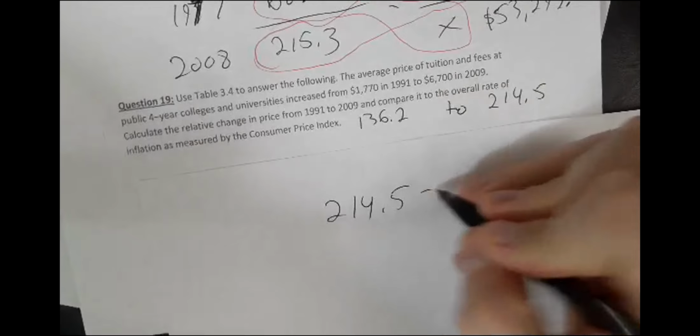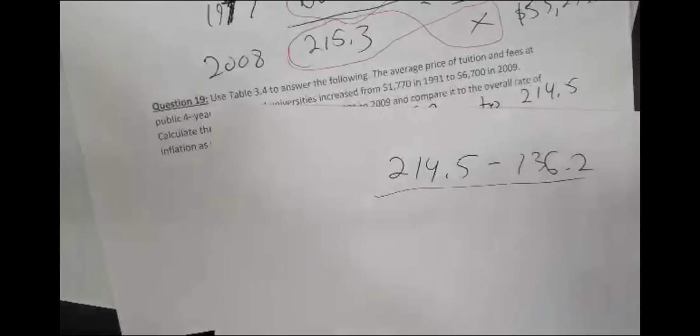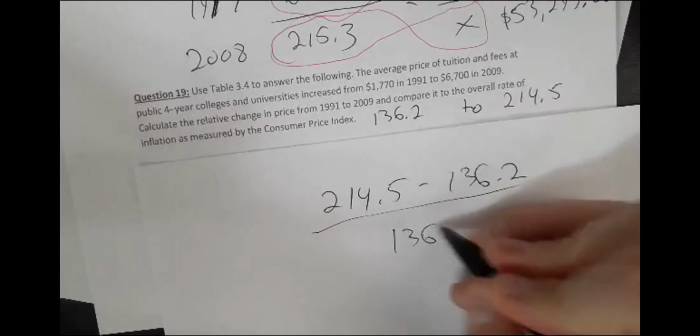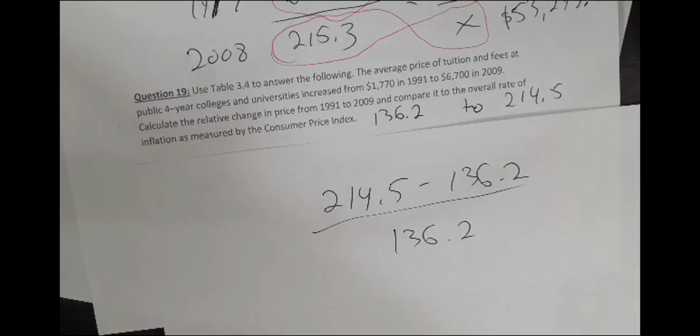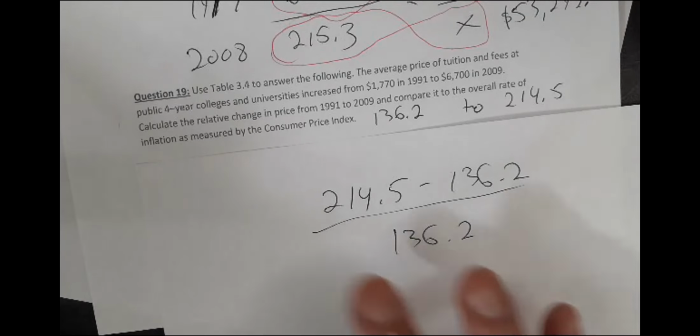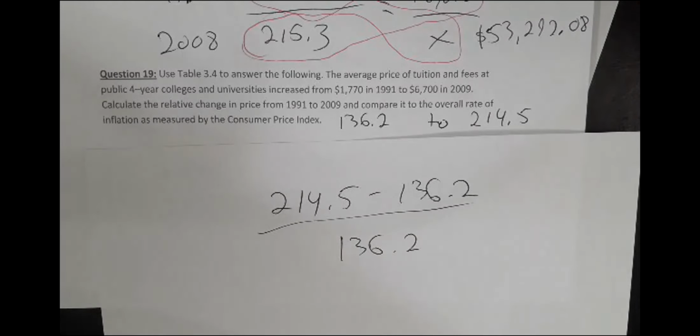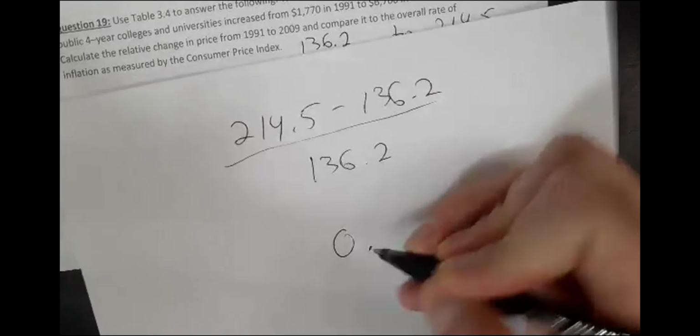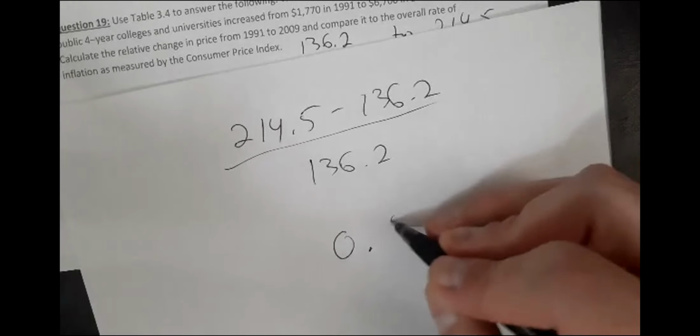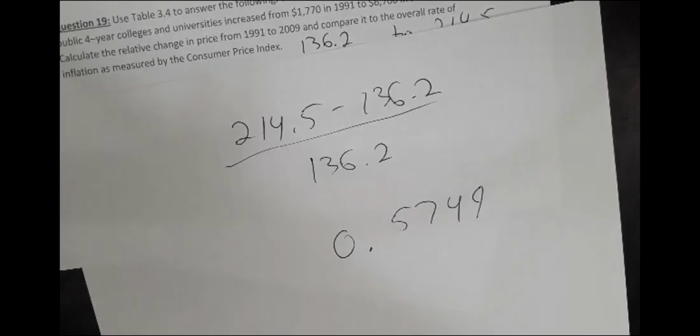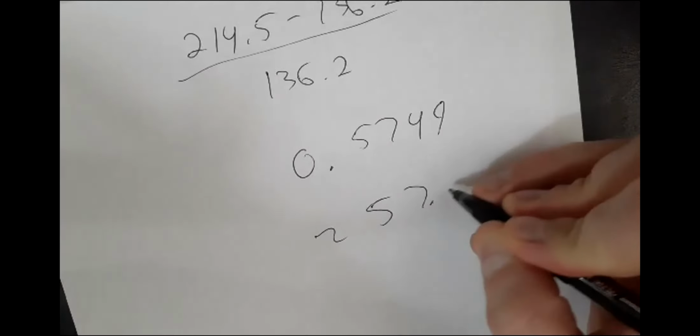So this is something that you will have to know for the test, that the inflation is the relative change of your CPIs. So we want to find the relative change of these CPIs. 214.5 minus 136.2 divided by 136.2. I'm getting 0.5749 if I round it up. So what this is telling me is that inflation is around 57.49%.